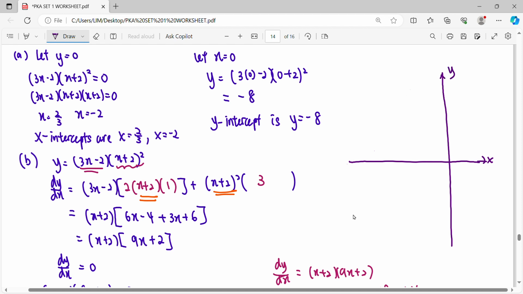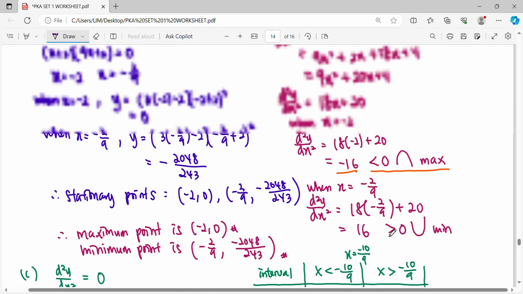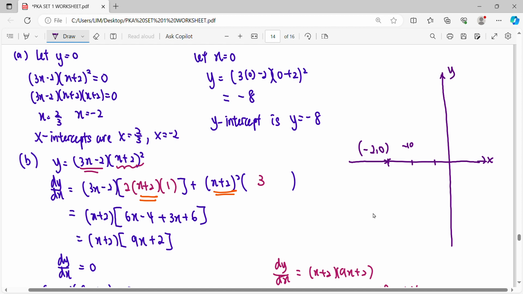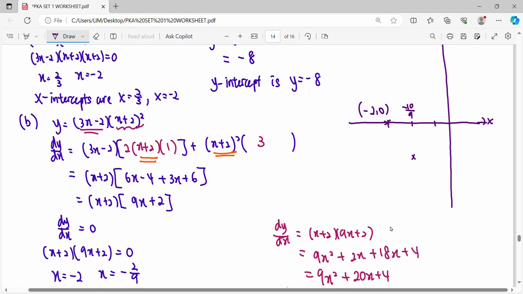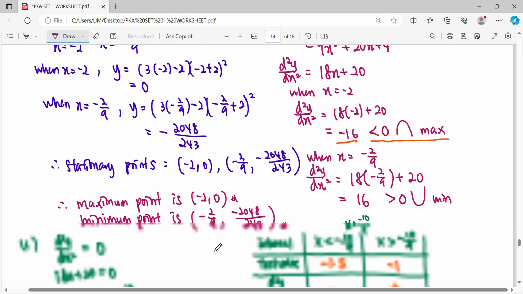So we have 1, 2, 3. -2, 0, maximum. And then -10/9, inflection. Then this one, minimum, -2/9.